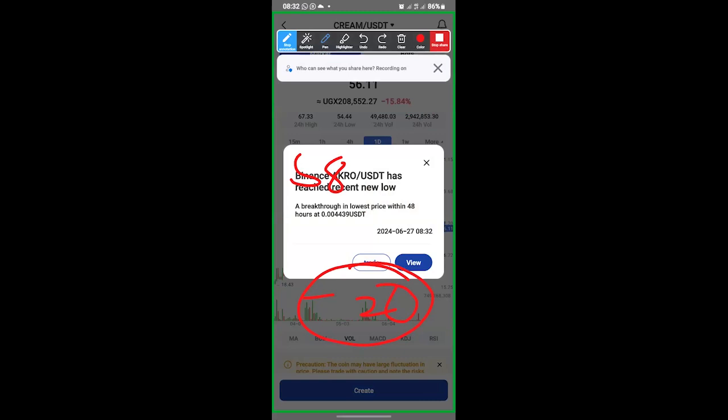Then you find that the price has not moved. It was at 58, but it has just gone down to 57. This means it was oversold, but not so much. Then you have to look at the price.